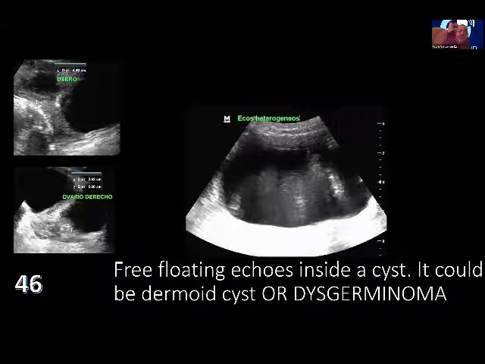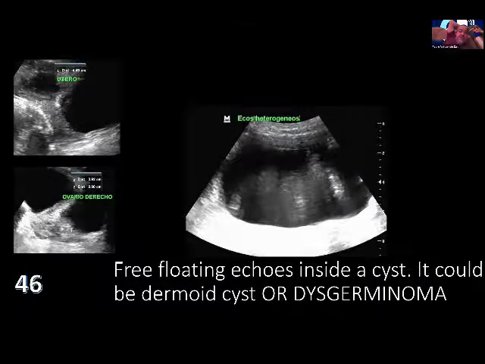Sometimes we see echoes inside an ovarian cyst. It could still be a teratoma, but it could be a dysgerminoma, which is a malignancy usually seen in very young female patients or even children.